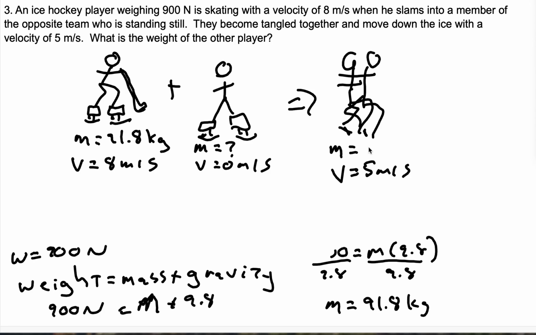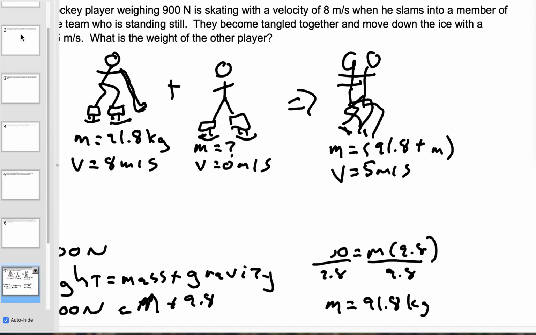And their mass, because they're together, will be 91.8 plus a mystery mass. So this problem is actually harder than your blow dart problem, but this player is like the blow dart, and this player would be like the cart. Then the blow dart and the cart stuck together and moved together. In your lab, you didn't know the velocity, but you knew the masses. Here we don't know one of the masses, but we know the velocity.